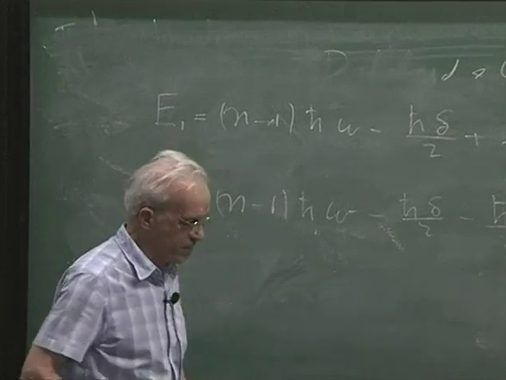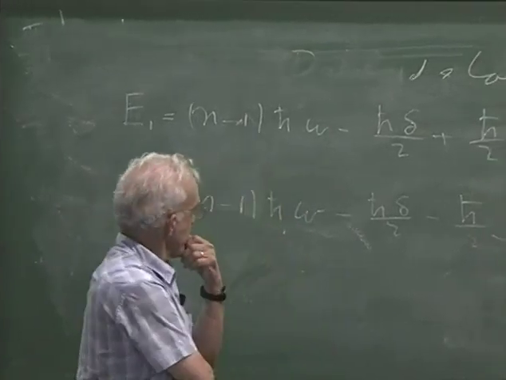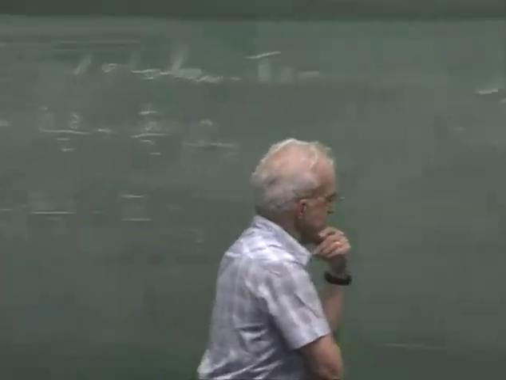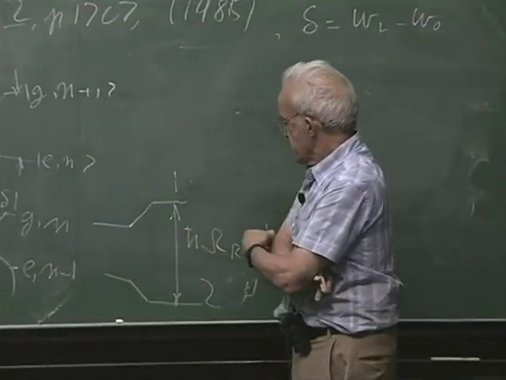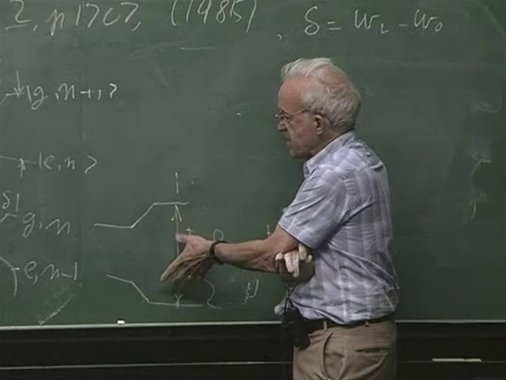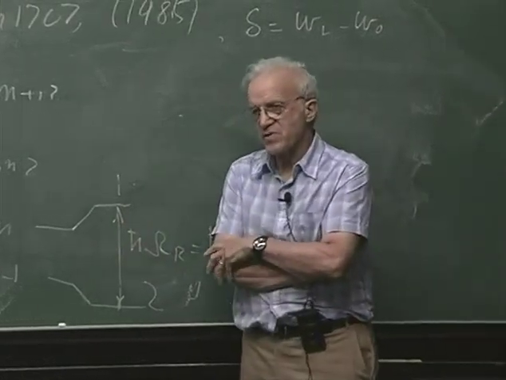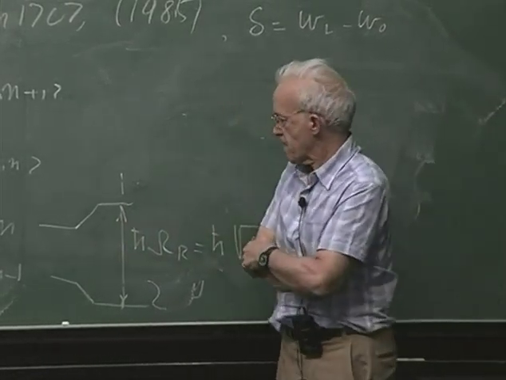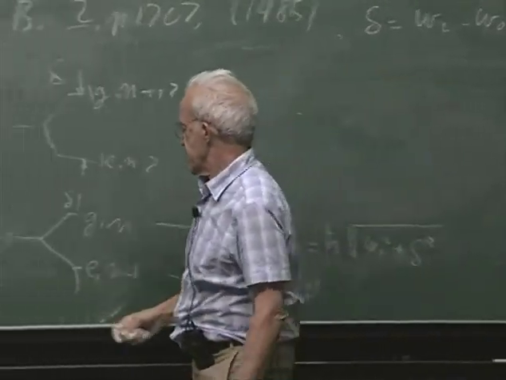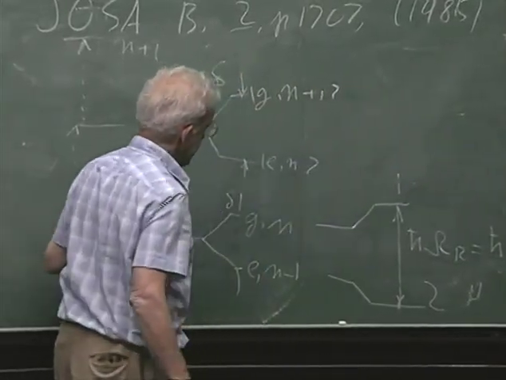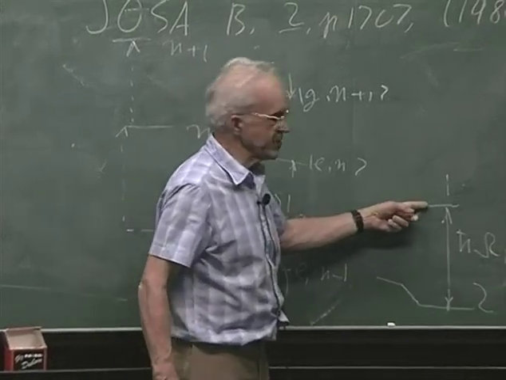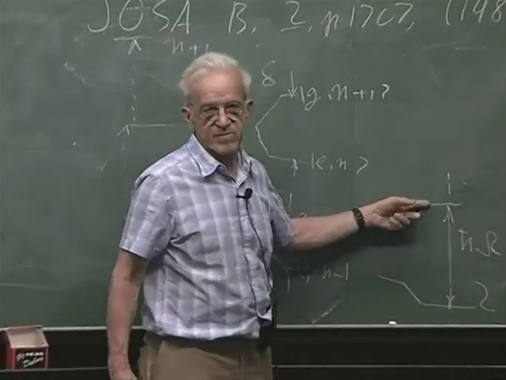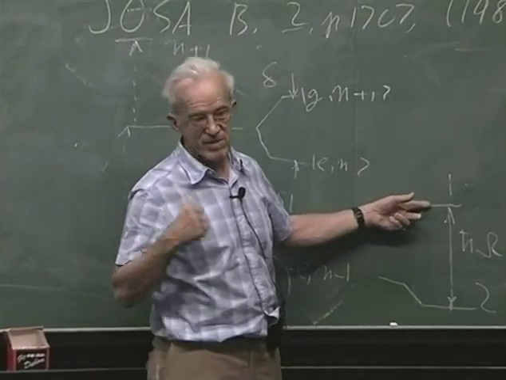Now, all we've introduced is an energy splitting between them. But when we've introduced an energy splitting between them, we're introducing forces on the atoms. Okay? If an atom comes along here and goes into this field, this atom is going to increase its energy. If it increases its energy, it's going to be repelled by the field.